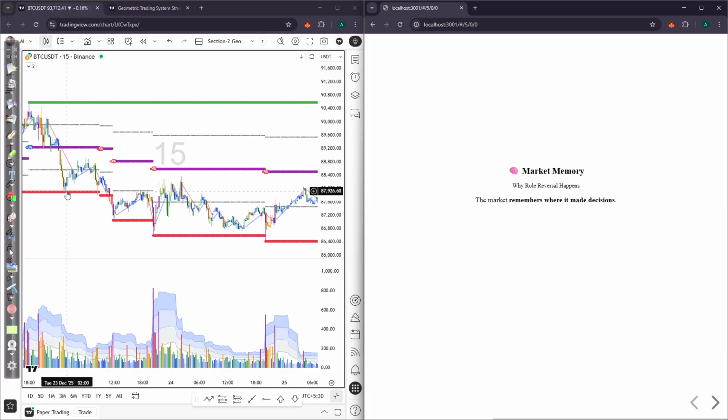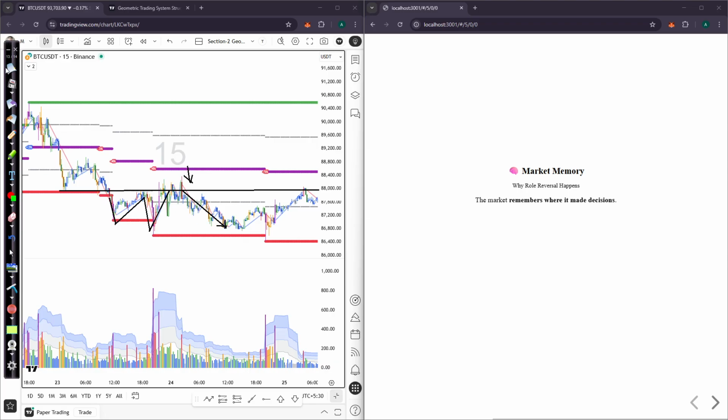So here, if you see it bounces off a little bit, the market remembers that we had some support here, and some people bought there. So when the market comes to that level, they might be exiting with a break-even trade, just selling their position. And that's why this breakdown happens, because the market remembers it.